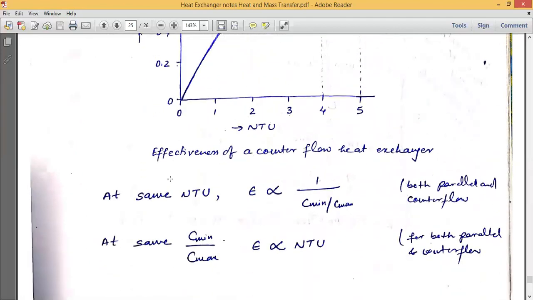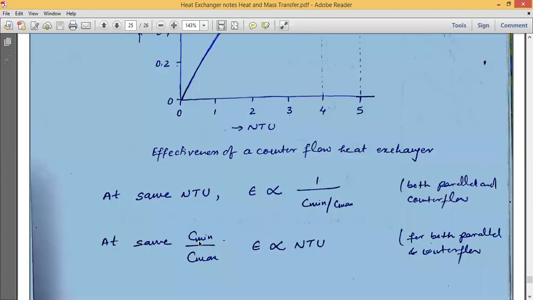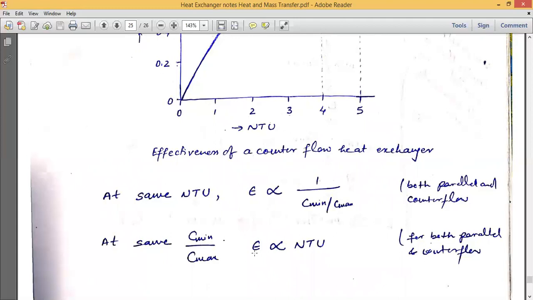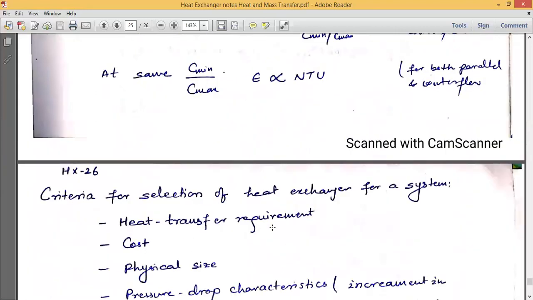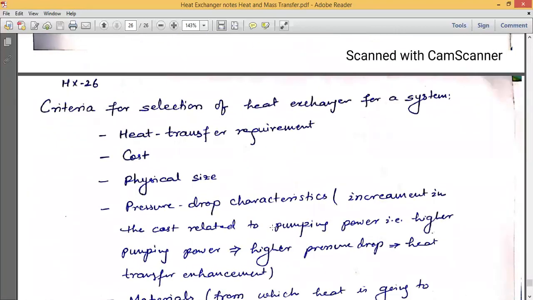So these are the conclusions. At the same NTU, effectiveness varies inversely with the ratio, and at the same C minimum upon C maximum, effectiveness is directly proportional to NTU. These are valid for both parallel and counter flow because we observe the same phenomena in both cases.